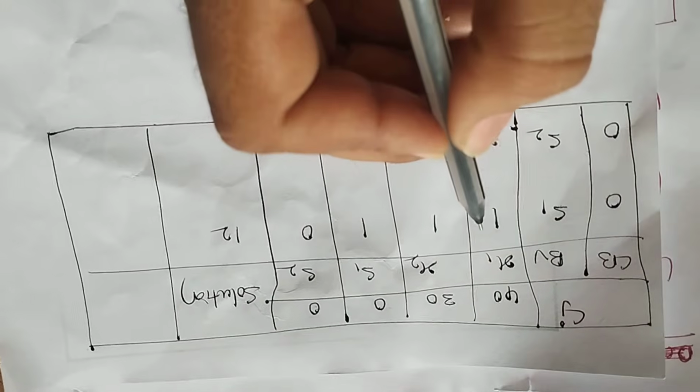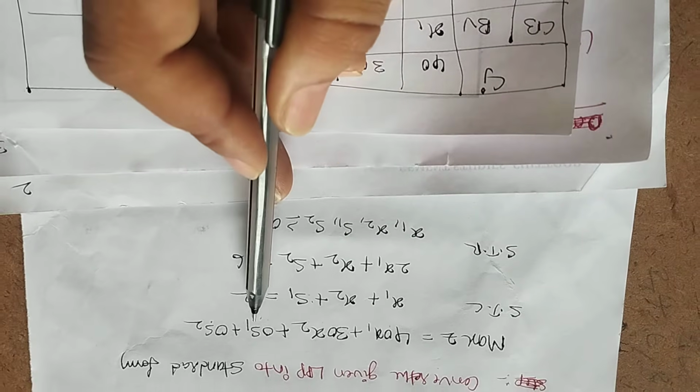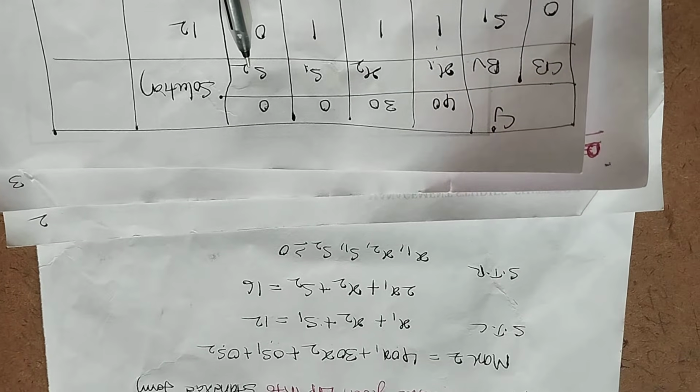Now if I write the equations, what is the objective function? 40x1 plus 30x2 plus 0s1 plus 0s2. So I have written here x1, x2, s1, s2.